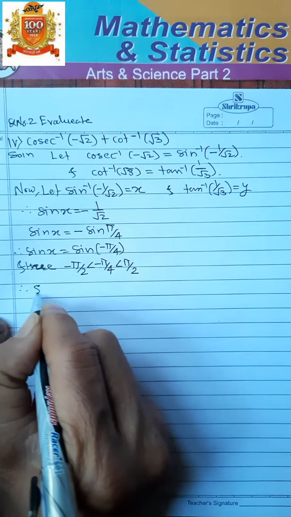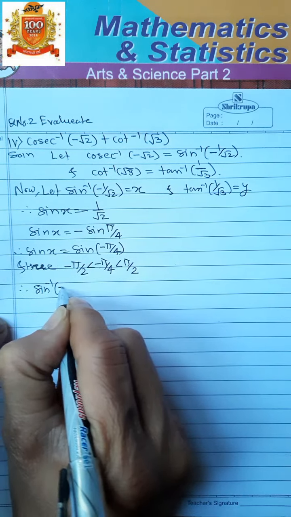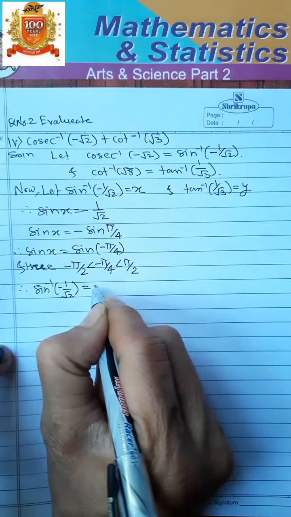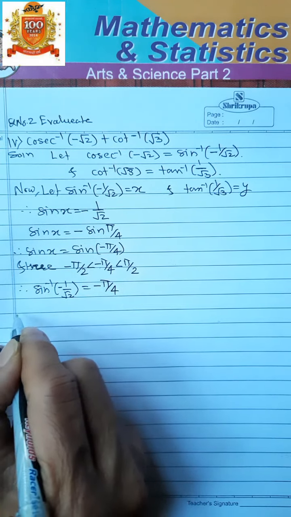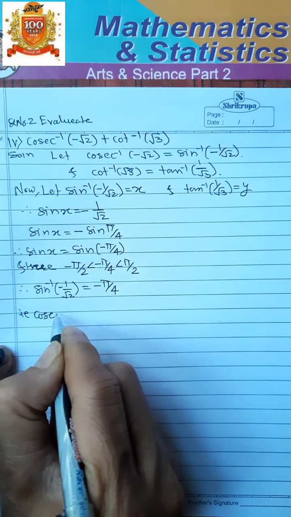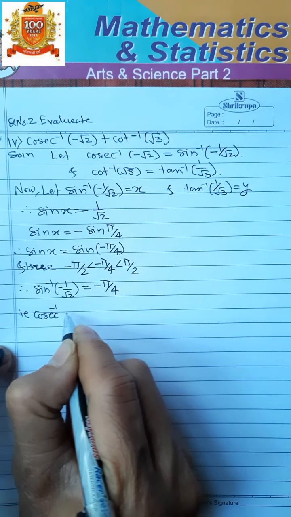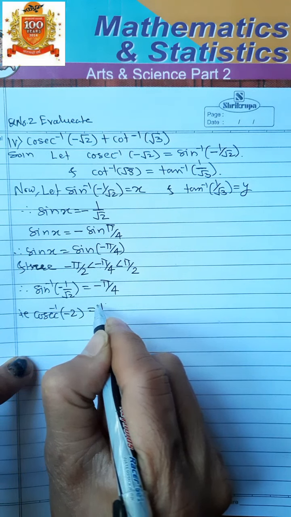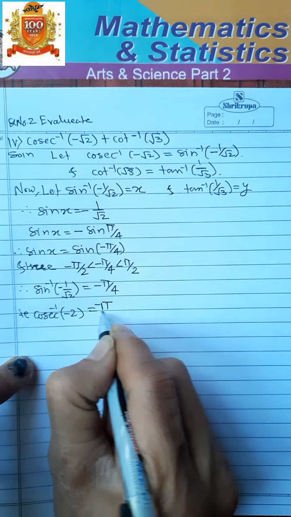Therefore, sin inverse of minus 1 upon root 2 is equal to minus pi by 4. That is, cosec inverse of minus root 2 is equal to minus pi by 4.